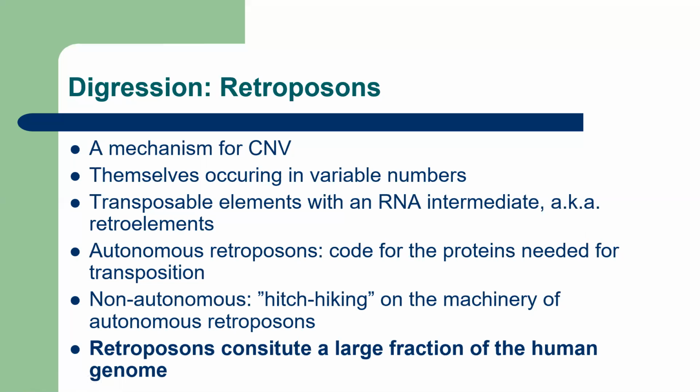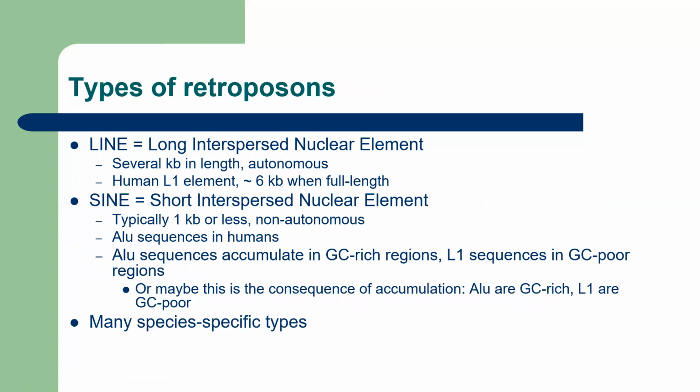And then there are other retroposons which have lost the capability of managing on their own, but because these mechanisms are active in our genomes all the time, they can hitchhike on the machinery that is already there. And because of these retroposons doing their work behind the scenes, they have accumulated to a fairly high percentage. We'll have a graph of how much of them there are.